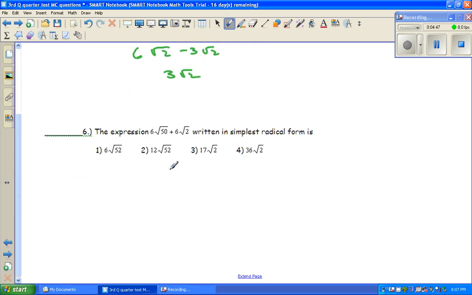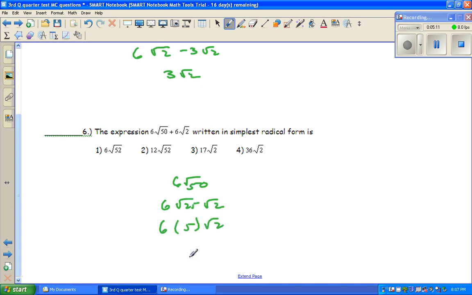Our next problem, we have 6 radical 50 plus 6 radical 2, and we know that 6 radical 50 is really 6 radical 25 radical 2. Just like before, 25 is the largest perfect square that's a factor of 50, which gives us 6 times 5 radical 2.